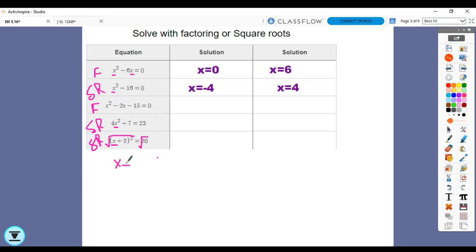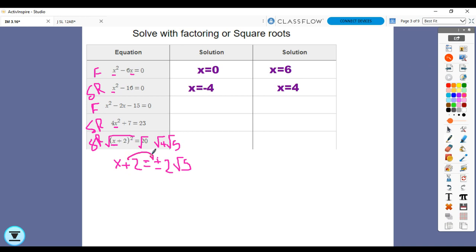That takes the square, and I'm left with x plus 2 equals plus or minus, because I used the square root. Now you have to break down the square root of 20. That's what we've been working on the last week or so. So what perfect square goes into 20? 4 times 5 makes 20. So that's plus or minus 2 square root of 5.